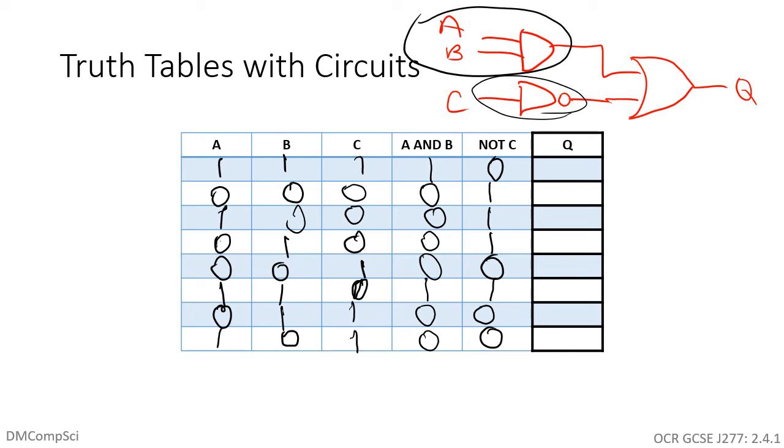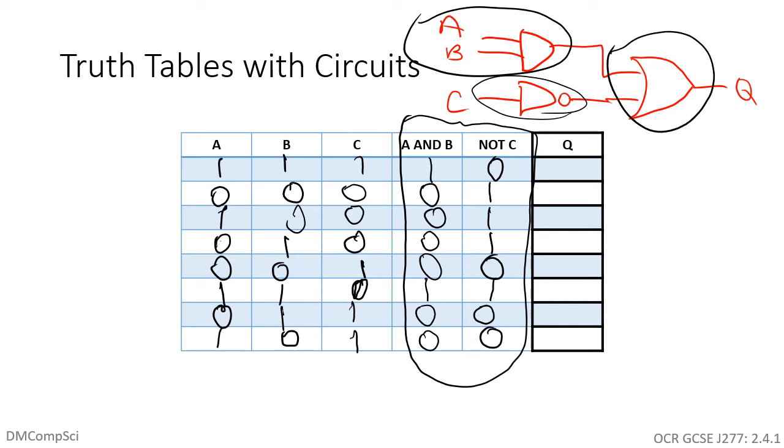We're looking for our Q column now, which is the OR operation on these two terms here, A and B and not C. So we look across and we say 1 or 0 is 1, 0 or 1 is 1, 0 or 1 again is 1, 0 or 1 again is 1, 0 or 0 is 0, 1 or 1 is 1, 0 or 0 is 0, 0 or 0 again is 0.